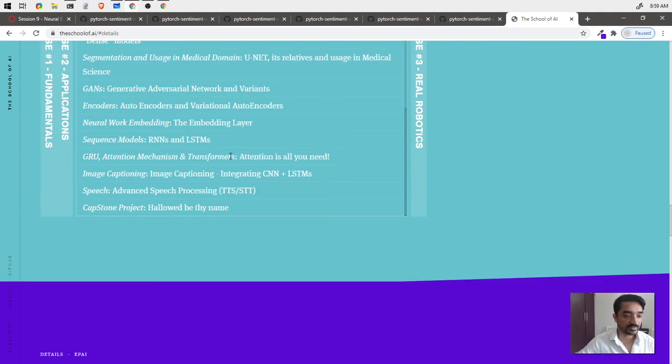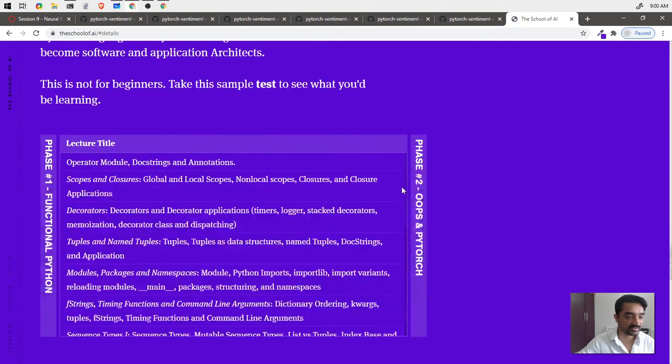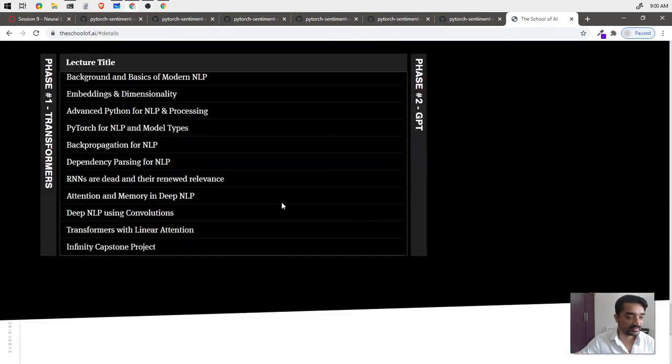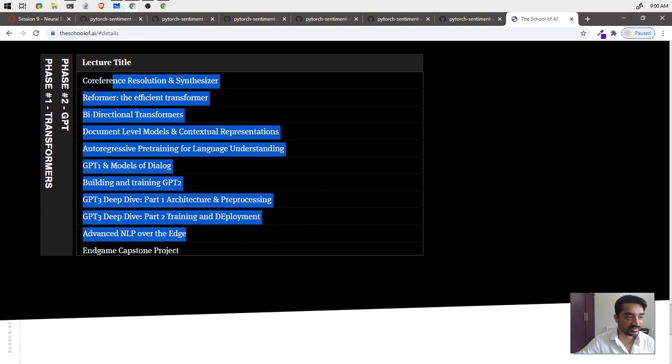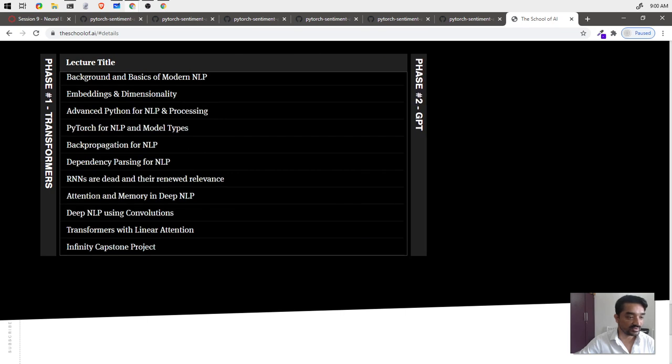We have transformers, but compare this transformer with here. This is transformer. In fact, all of this is transformer, right? Even in phase one, right from here, all transformers. Transformer with linear attention. So we start with basic linear attention.